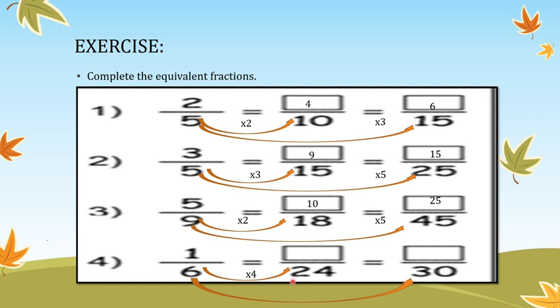And how many times of 6 30 comes? 5 times. 6 fives are 30. So we will multiply the numerators also by the same number. So here 1 fours are 4 and 1 fives are 5. So this is how you will solve your equivalent fraction exercise.